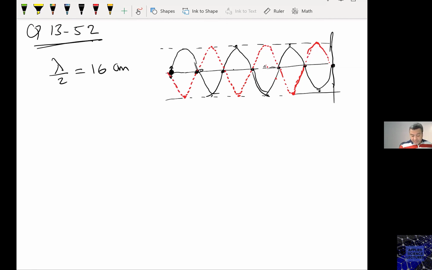A, what is the wavelength of the waves producing the pattern? So we want to calculate the wavelength. So if we know that the distance between any two nodes is 16 centimeters, this means lambda is 32 centimeters.